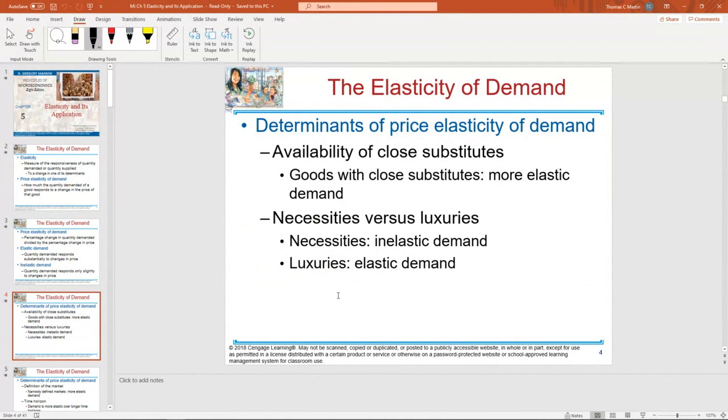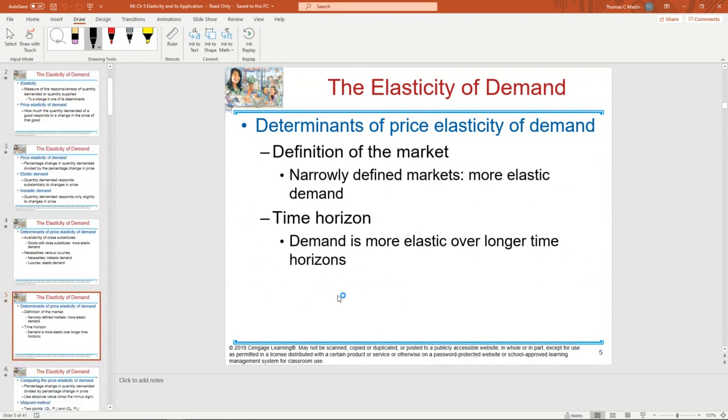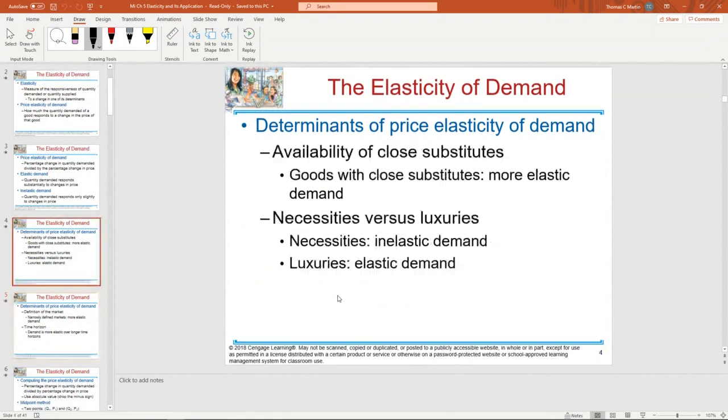Now here are the determinants of elasticity. You know these. The availability of and closeness to substitutes. If there is no one around for 100 miles that sells the same product I do, let's say I'm the last gas station before you start your trip across the desert, the only one around, my curve is going to be inelastic.